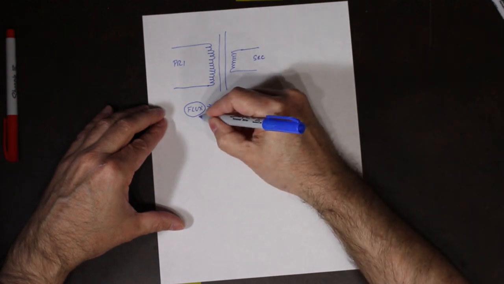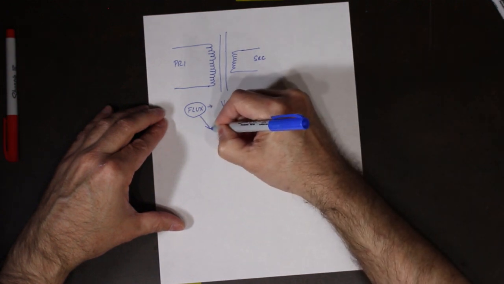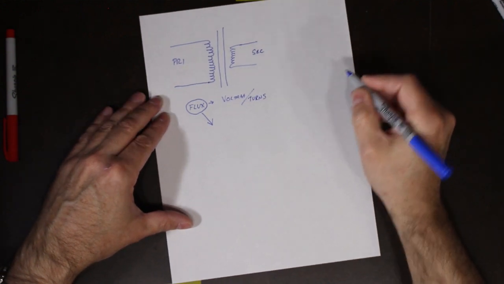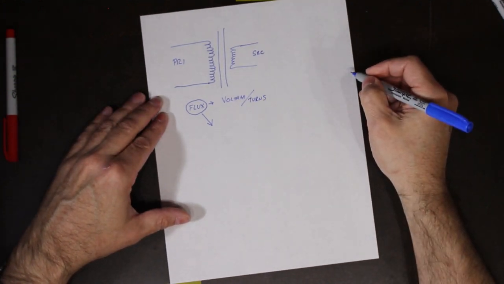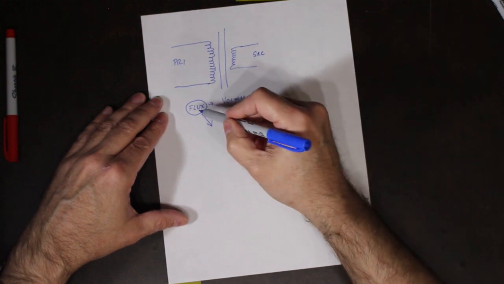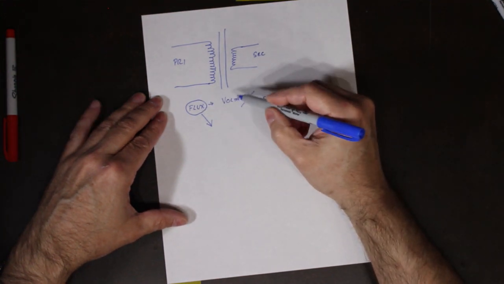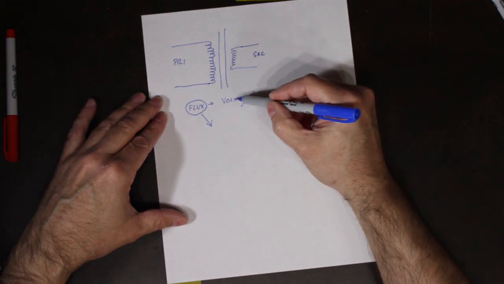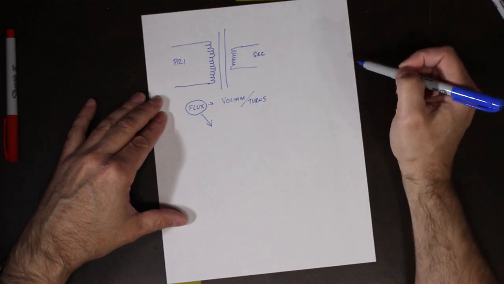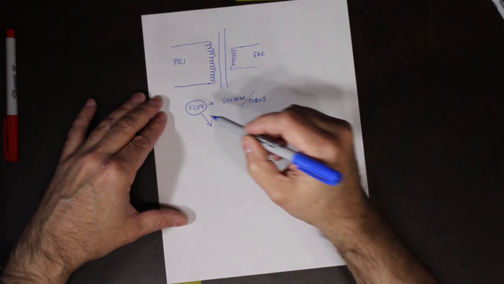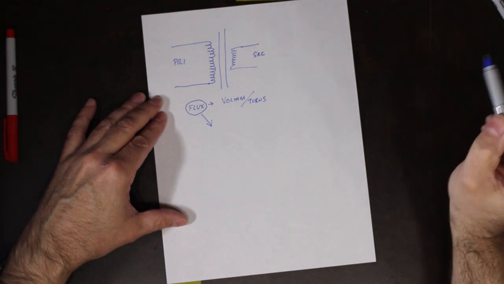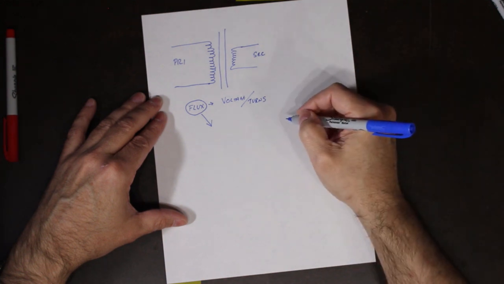So now that flux flows through the core to get to the secondary. So that flux that was created by a certain amount of voltage over a certain amount of turns now flows through and gets to the secondary.